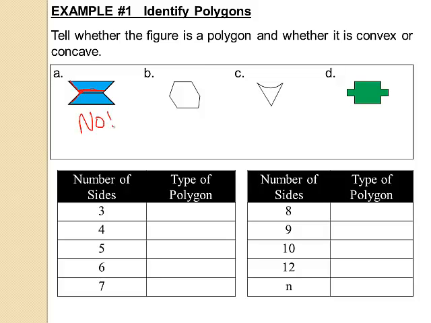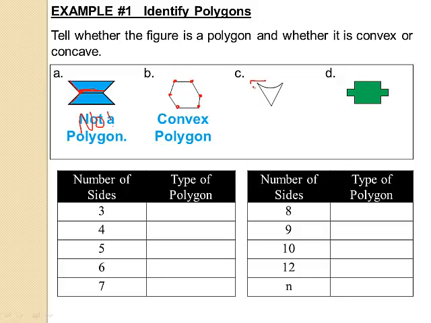This one here, letter B, we have line segments that intersect. One here, and one here, so on and so forth. They only intersect in 2 points, so that's what makes this an actual polygon, and they are line segments. This is a convex polygon, again, because all the vertices point outwards.